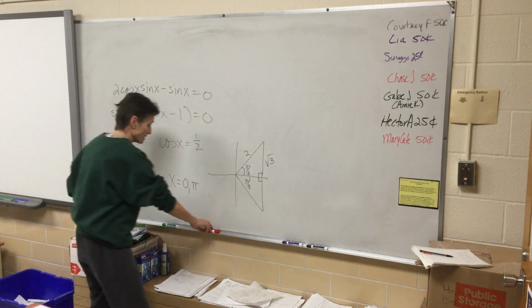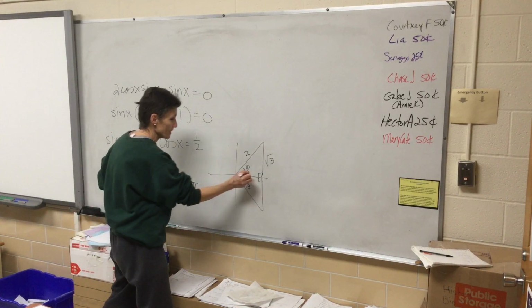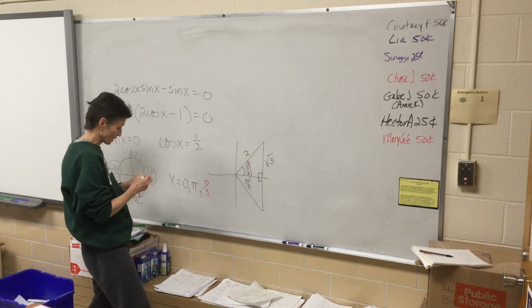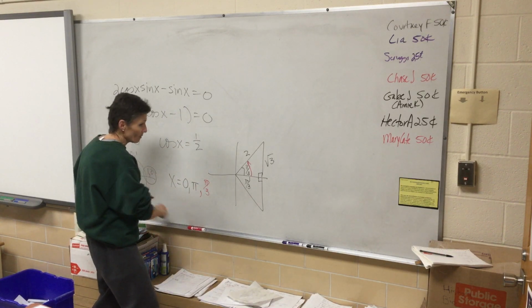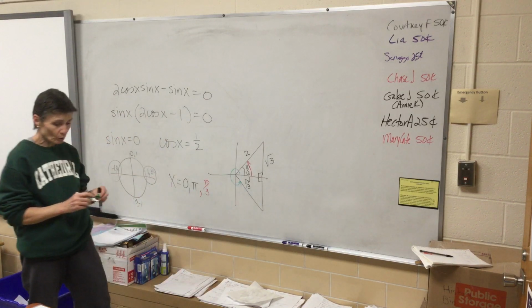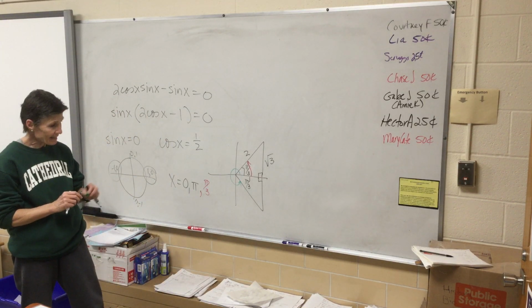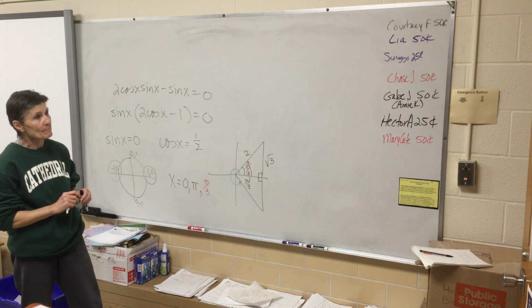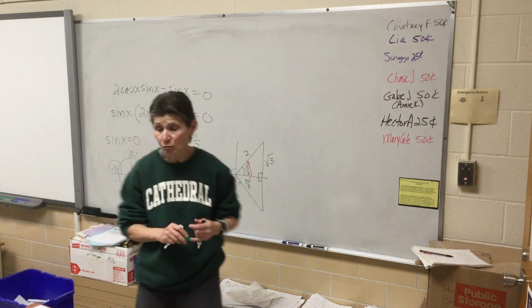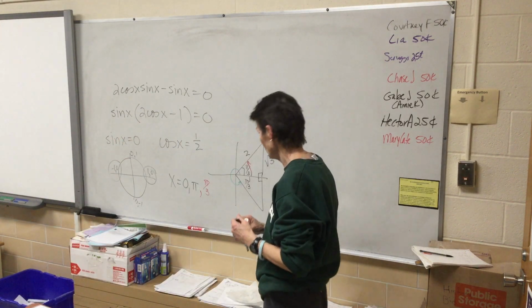Now, your answer is the pi/3 in quadrant 1, which is pi/3, and the angle in quadrant 4, which would be what? How big is that angle? 300. Well, yes, in degrees, that would be a 300-degree angle. Absolutely.